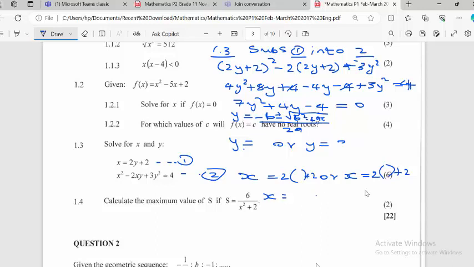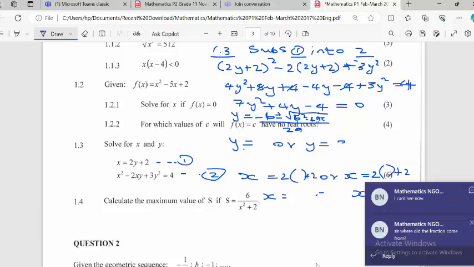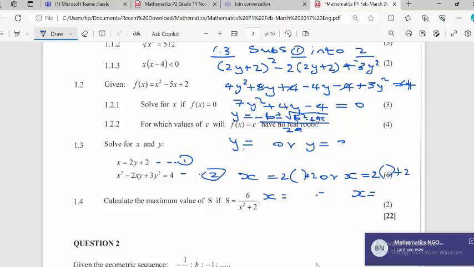Where did the fraction come from? What fraction? There's no fraction here. Okay, there is a fraction, or when you insert this into a calculator, you get a fraction. So where did the fraction come from?